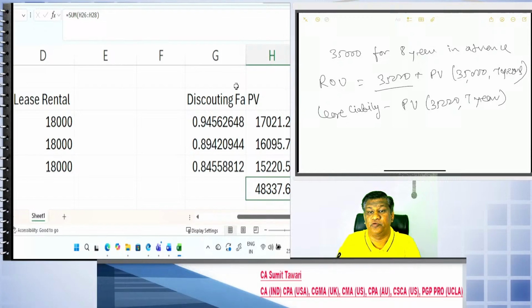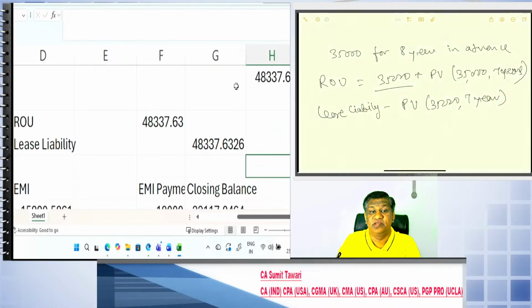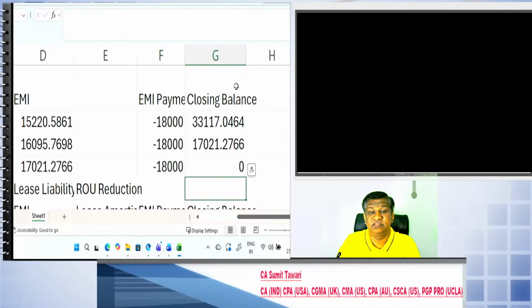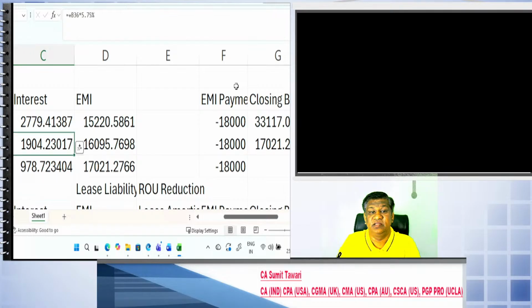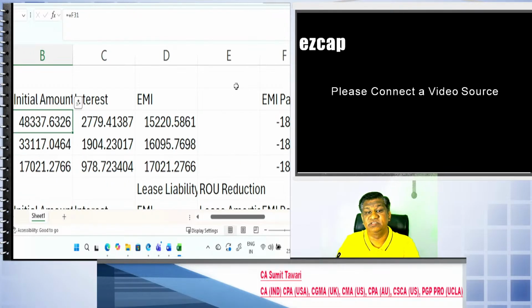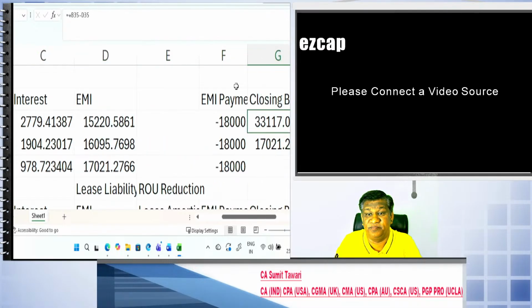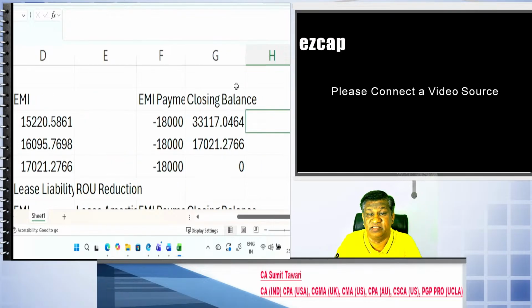So it is 48,337. Okay. So my asset and liability is 48,337. If you see here, 48,337 is my initial investment. So it is my lease liability. Then I am getting an interest, then EMI payment, which will give me the closing balances.